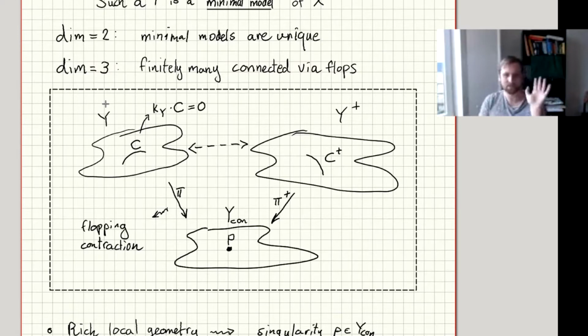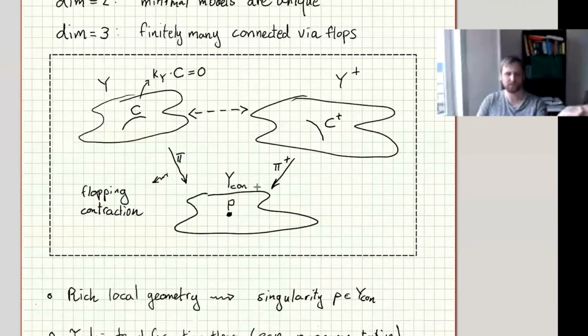But today we're going to keep it simple and just talk about simple flops, where the space is smooth and the curve is just a single rational curve, so just a copy of P1. Right, so this sounds like a very simple picture, but in fact this has some very interesting geometry, and it's the local geometry which we care about.